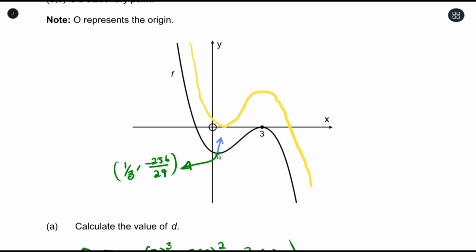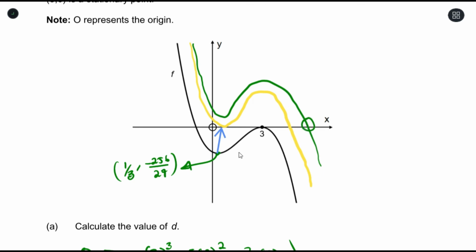If I move it more than 256/27 units upwards, it will move into the territory of just having one x-intercept. If I continue moving it past here, let's say one more unit after this, you will see that it is only going to have one x-intercept.